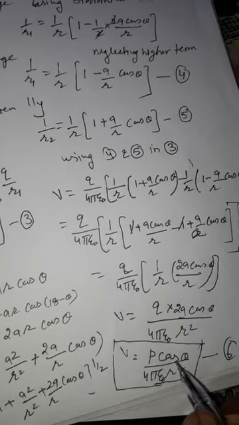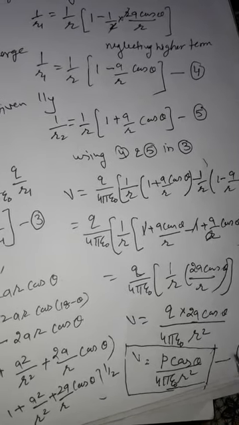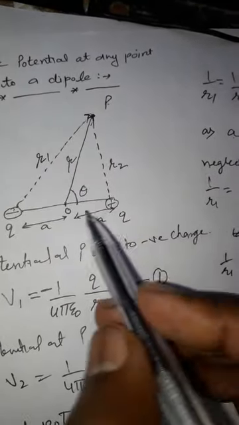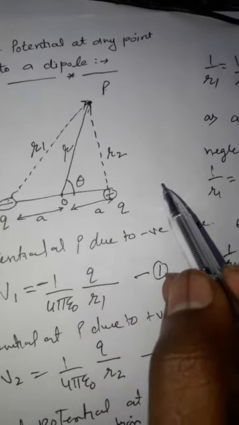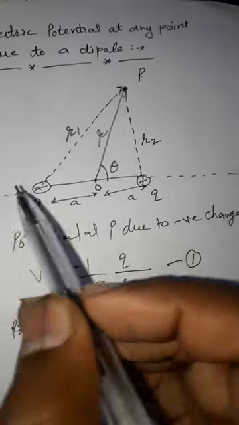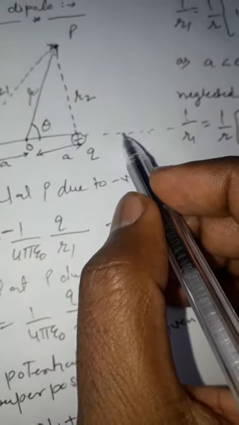Now from equation 6, let us consider two cases. Case 1: when point P is on the axis of the dipole, on either side of this line, say point P is here, so this angle becomes 0.